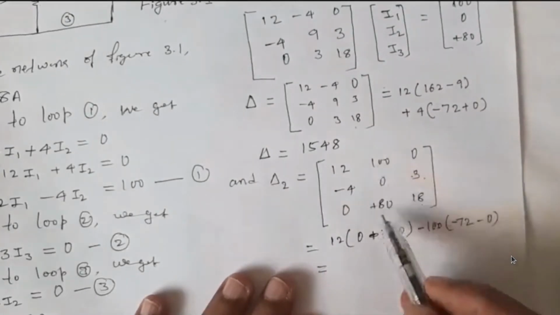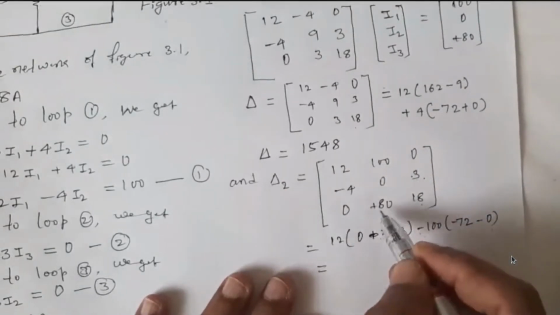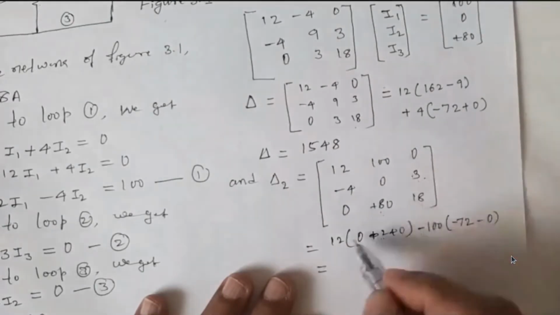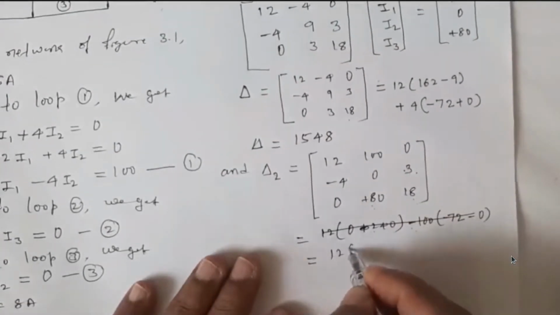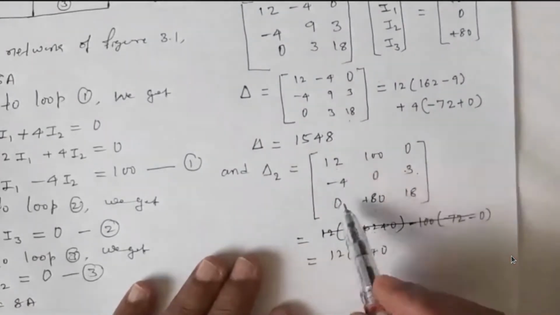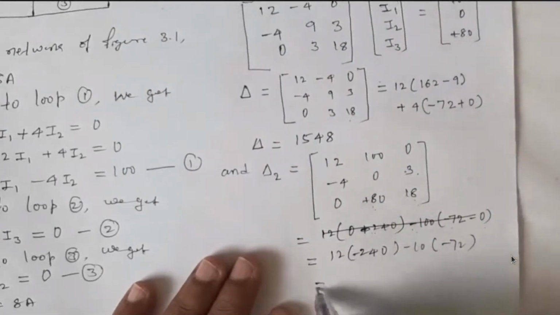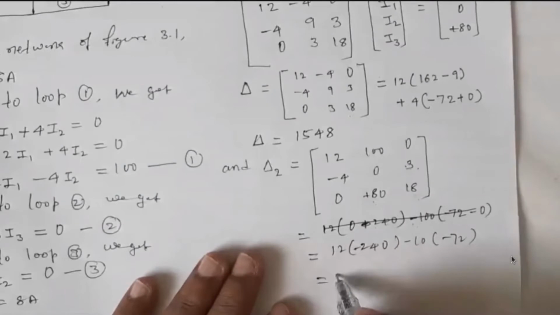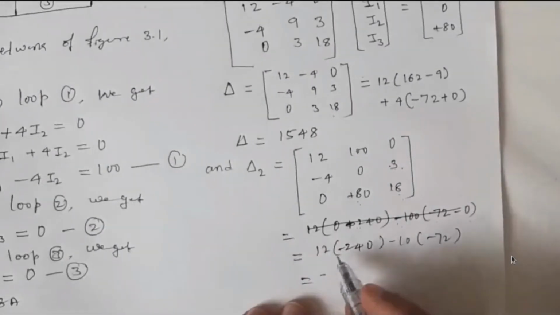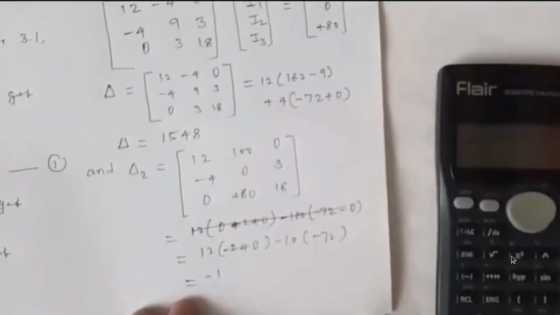If you see here, this is the second equation, right? I'll write here, it is 12 into, if you see this, 240. If you see this, minus 72. I think I'm right now. Yes. How much is 12 into 240?